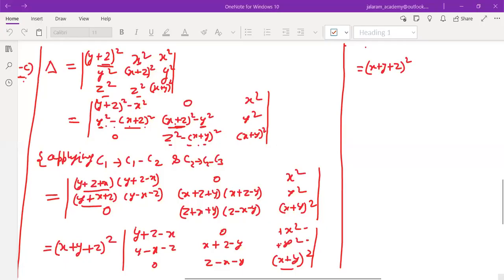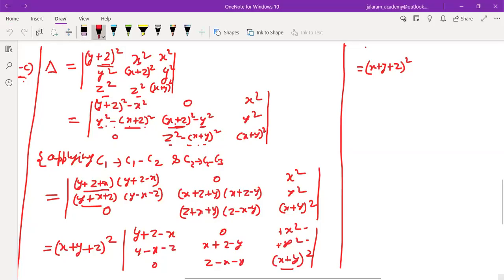So we are discussing that x plus y whole square in the third row is there, which can be expanded to give x square plus y square plus 2xy. And in the same column, there are two elements x square and y square. So if we add them, it is x square plus y square.